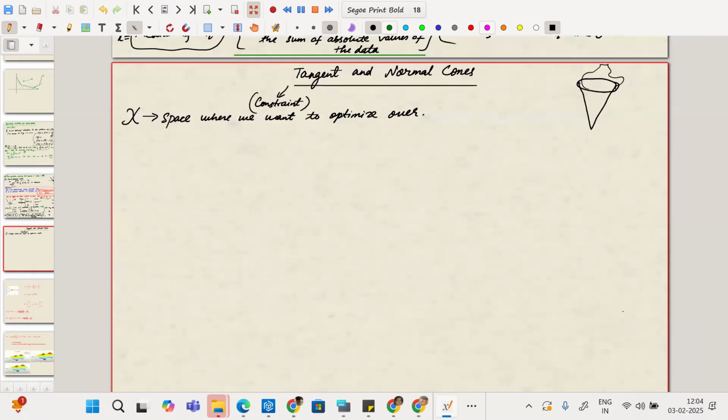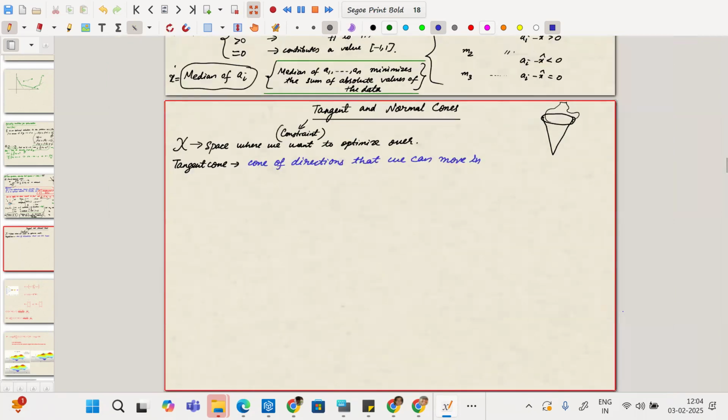What is a tangent cone? I will write everything maybe in blue. The tangent cone is the cone of directions that we can move in. What is a normal cone? I will denote the normal cone in red.